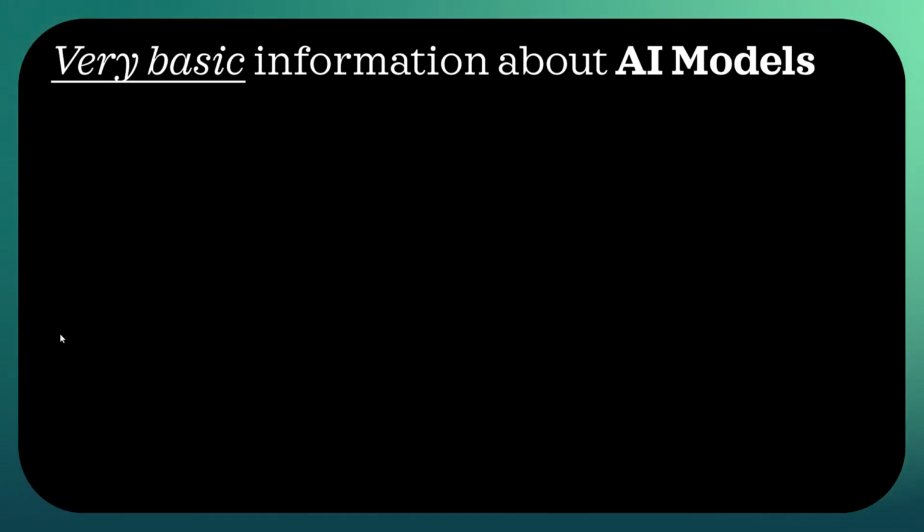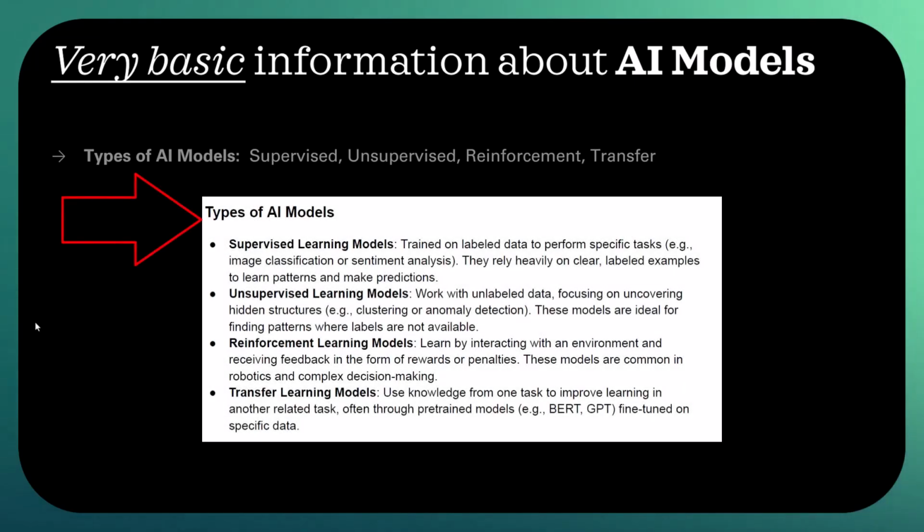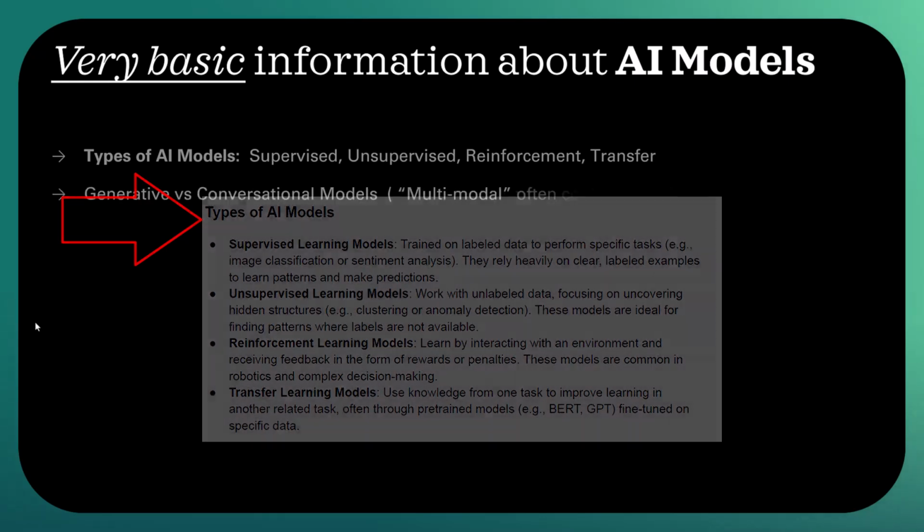Some very basic information on AI models. Most people think of large language models, but actually there's quite a few other models that are available. And I will add in the notes below information about supervised, unsupervised, reinforcement, and transfer models. I'll pull that up for a second, but really it's all in the PDF that's in the links below.